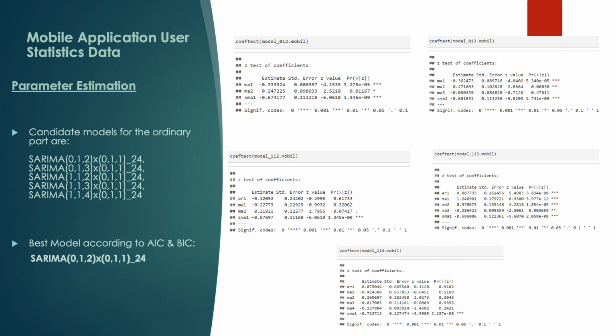Both the functions indicate the model SARIMA with small letters p, d, q equal to 0, 1, 2 and capital P, capital D and capital Q equal to 0, 1, 1 with the frequency of 24 as the best suitable model for the dataset. We perform overfitting on the selected model to validate the decision of selecting it for forecasting.